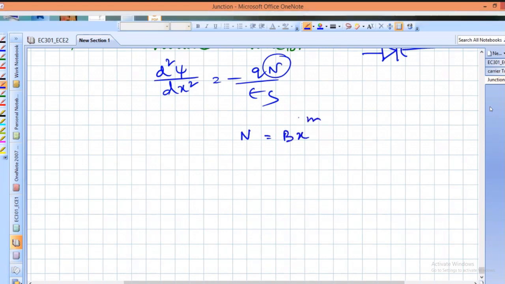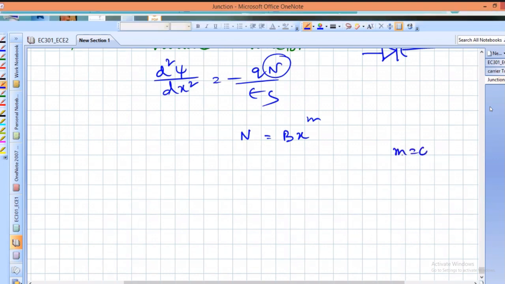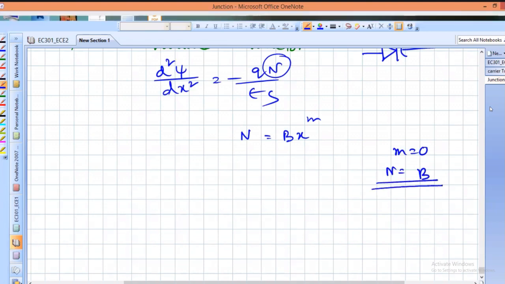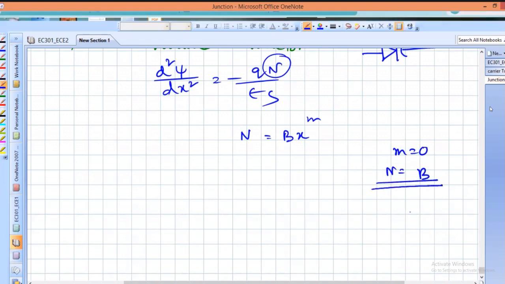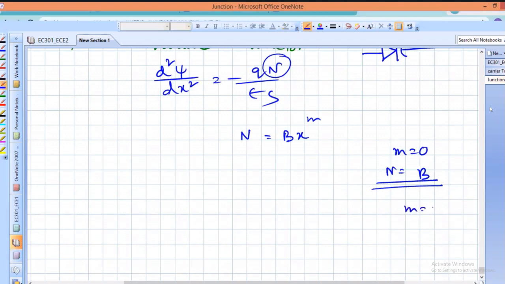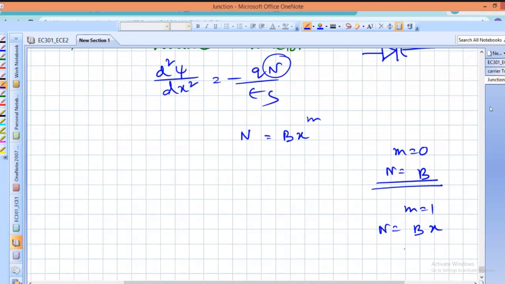Why do I consider x to the power m? Because if m is 0, then N is equal to B x to the power 0, that is 1, so N is B. So it is a constant doping profile. If we consider m is equal to 1, then N is equal to Bx. So the doping concentration we can vary.